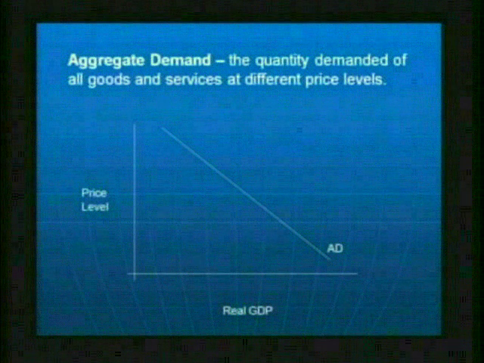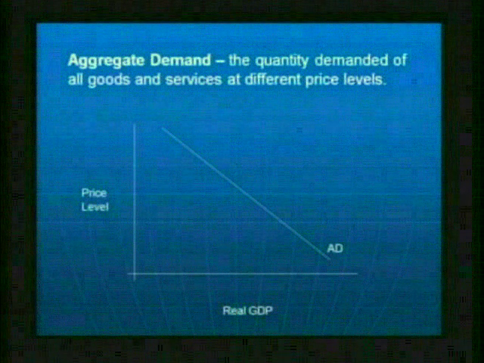So you could think of real GDP as the aggregate measure of quantity, and price level as the aggregate level of prices. Since individual demands are downward sloping, the aggregate demand is going to be downward sloping as well.